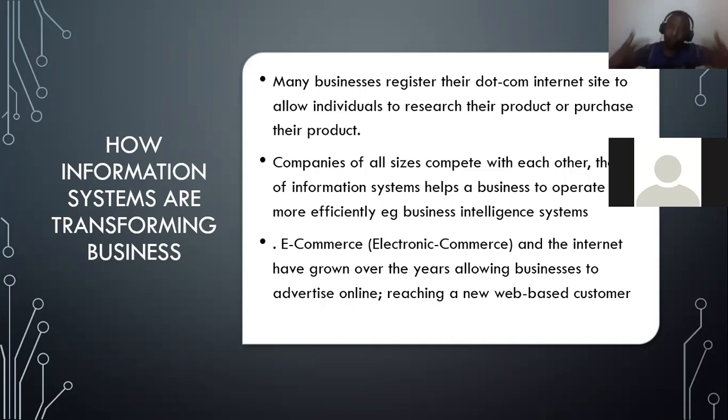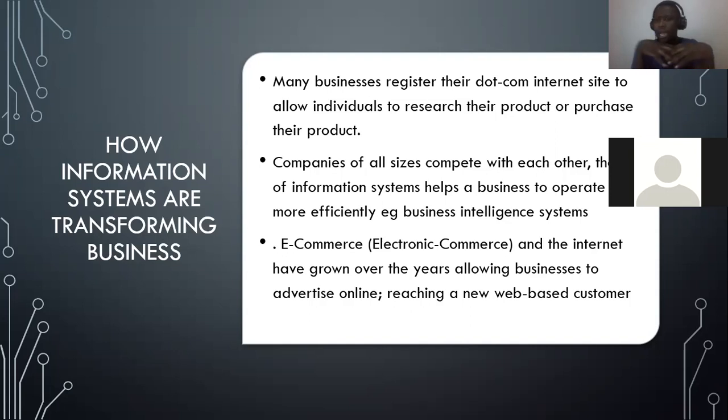And then that software, based on that past data, it can streamline your performance, or it can streamline your business so that you can operate more efficiently, right? So you come to find out not all businesses use this, but there are some businesses that use this business intelligence system. Then there's also what we call e-commerce, right?